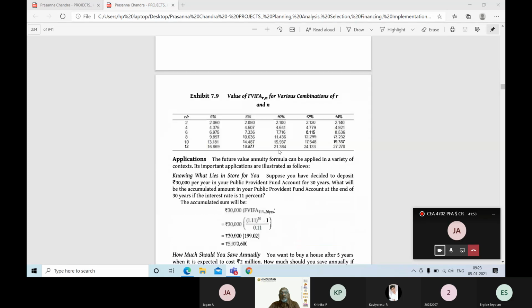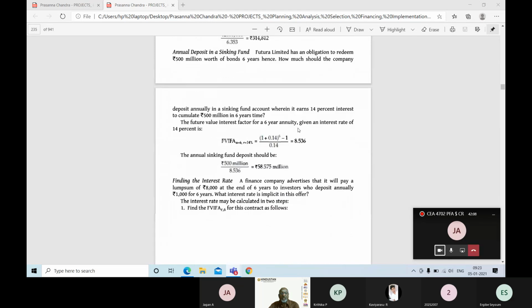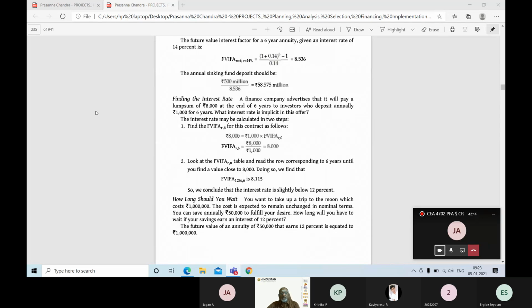You go to the table and the value nearing 8 is 8.155, which is near to 8.00. Then the 6 years and 12%. The year is mentioned here and the 12% rate. So accordingly, you have to calculate it. So the implicit rate is about 12%.